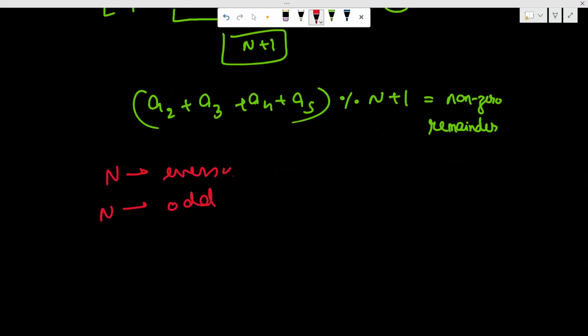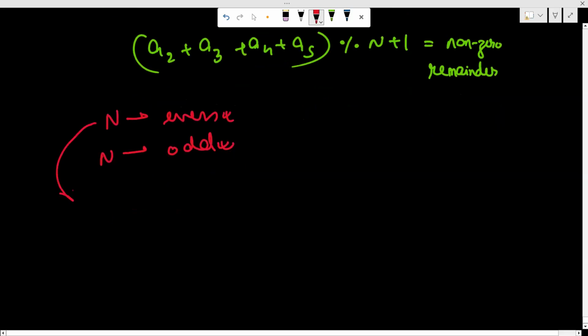In most cases this works, but there can be several other cases as well, such as whether n is divisible by 3, or n modulo 3 gives you 1, or n modulo 3 gives you 2. You should always try to divide your solution into cases like this. So what I did with this solution was I divided it into two cases: if the value of n is even or if the value of n is odd.